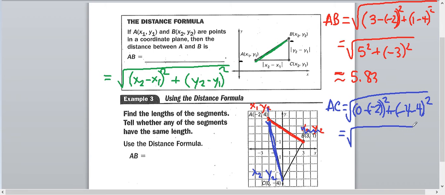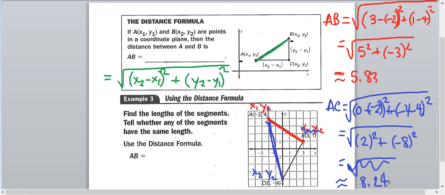So I have 0 minus a negative 2, so that's 2 squared. And then I have negative 4 minus 4, so that's negative 8 squared. Okay, and when I evaluate all of that, give me just a second, I get approximately 8.24.